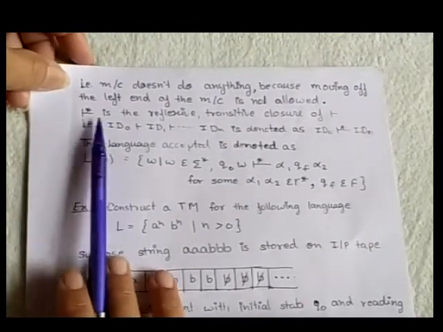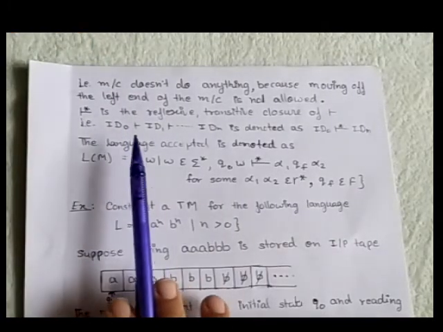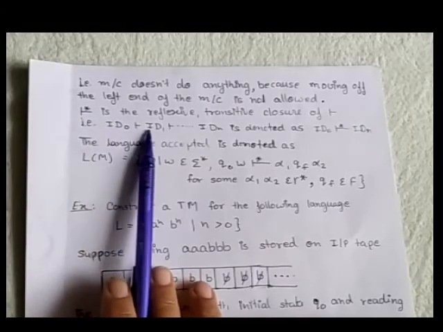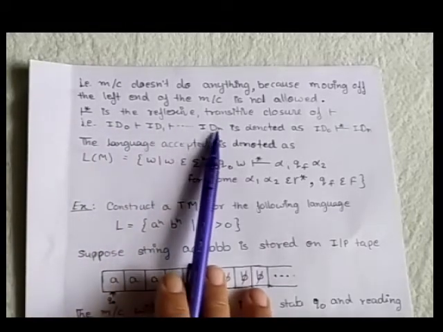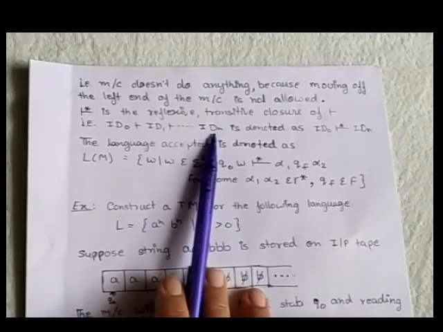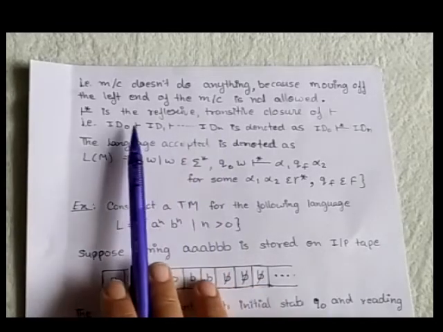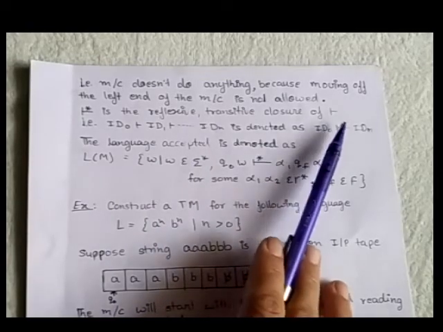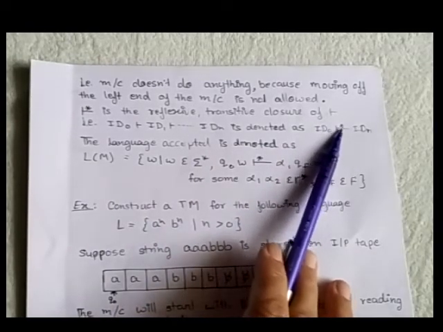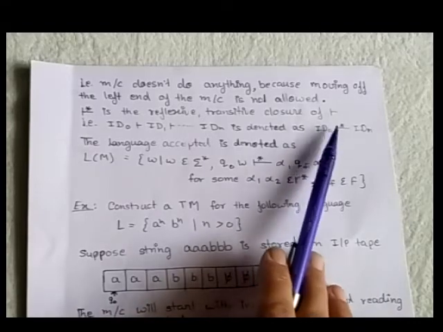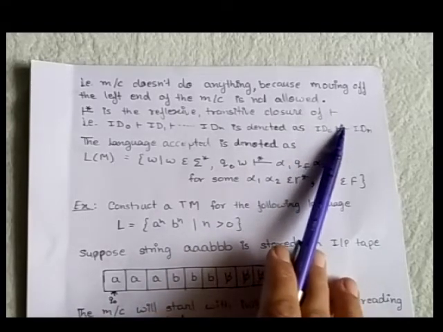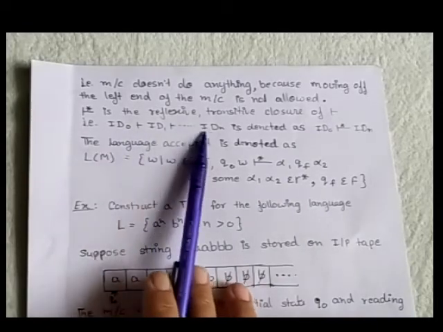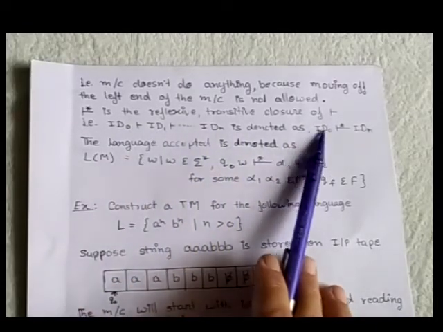Now suppose we start with ID 0 and after performing some operations we go to some final state, and this is the last ID, IDn. This can be represented by ID 0, asterisk, IDn, which is the relationship among two IDs, meaning these many steps can be rewritten like this.